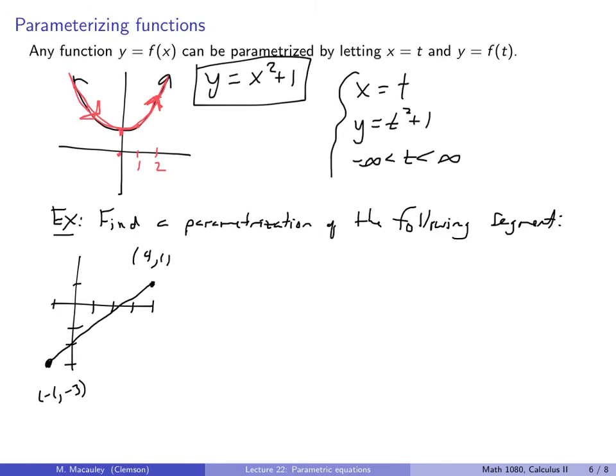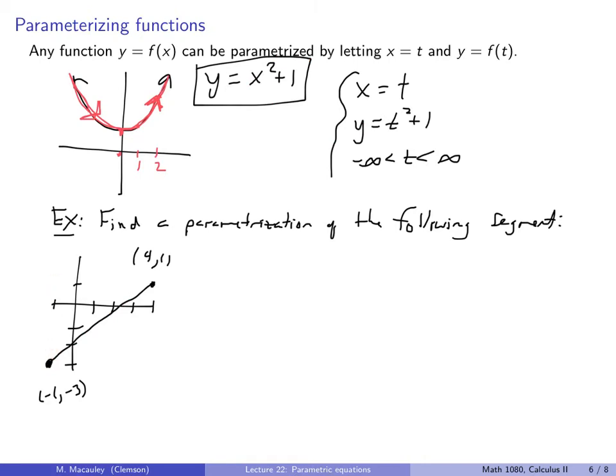Okay, so I have not specified anything about the path. All I'm saying is that our ant is going to trace along this path. He could start here, he could start there, he could start somewhere else. Let's make things simple. Let's suppose our ant starts here and walks to here at a constant direction. In that case, the x-coordinate is going to be increasing at a constant speed, and the y-coordinate will be increasing at a constant speed.